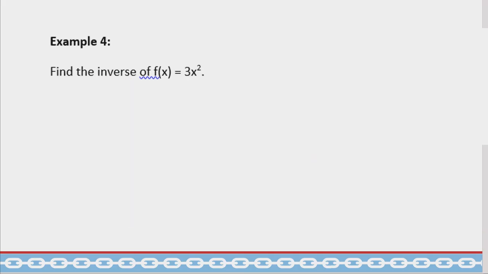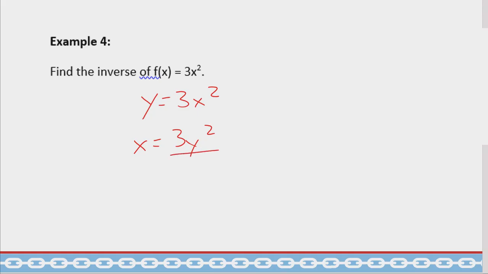Here, I'm asked to find the inverse of the function f of x equals 3x squared. No graphing required here, but y equals 3x squared. Right? I rewrote it as a y equals. I'm going to switch my x and y. Now I'm going to solve it back to y equals.